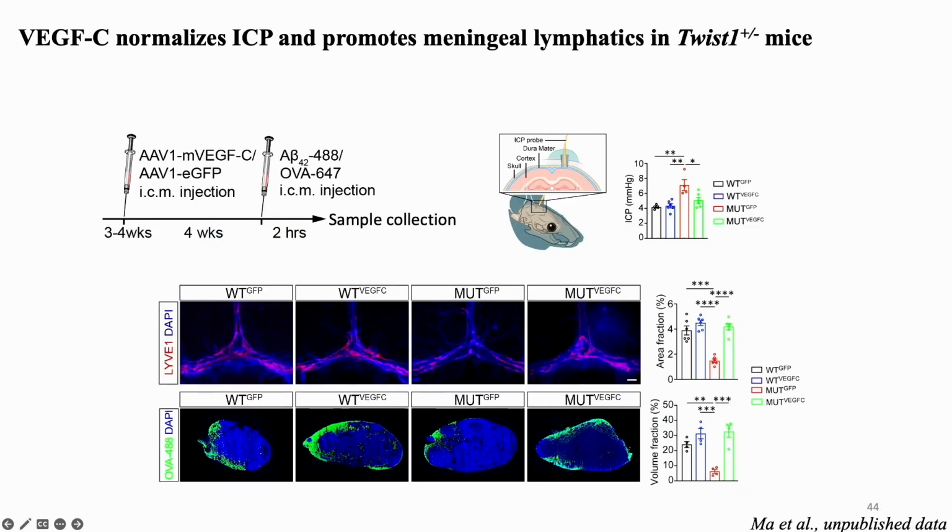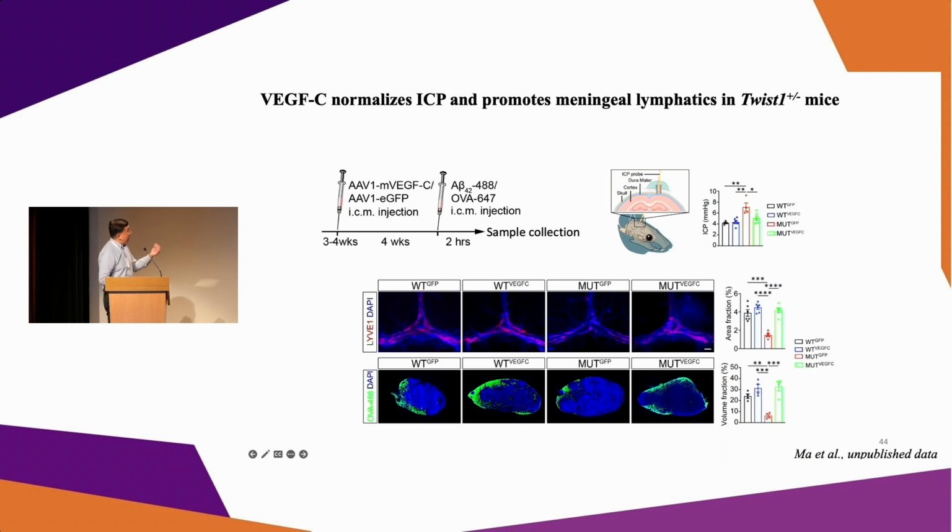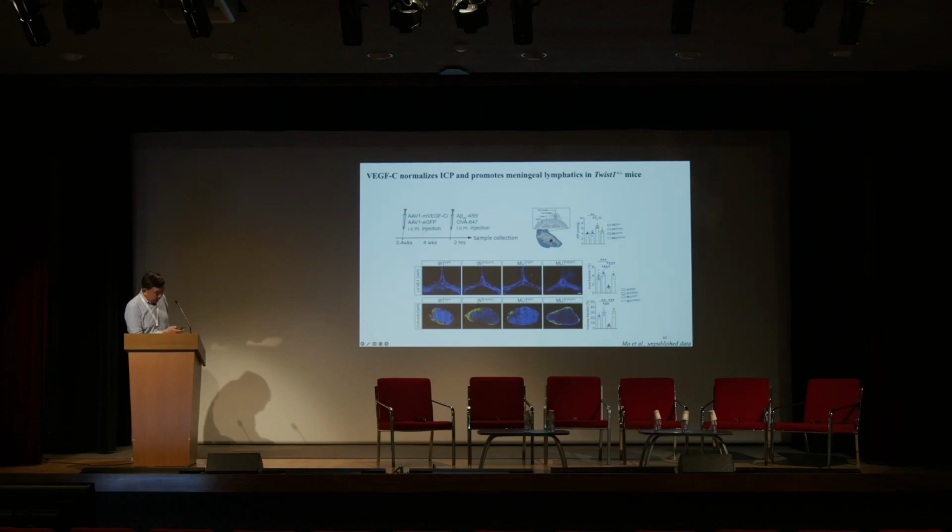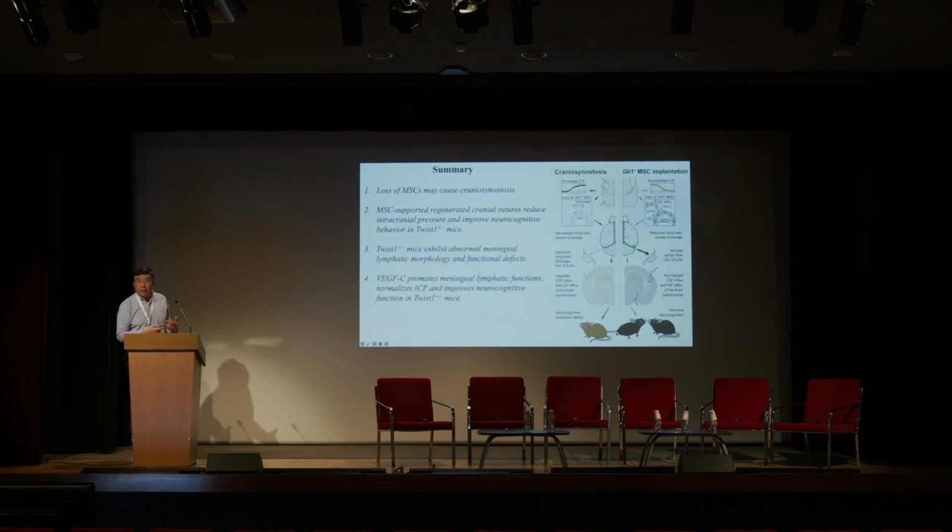The most important experiment to test that is by overexpressing VEGF-C in the TWIST1 mutant model. We were able to restore the lymphatic system within the TWIST1 mutant and also improve the lymphatic drainage, and that also helped to improve the neurocognitive function in the TWIST1 mutant model.